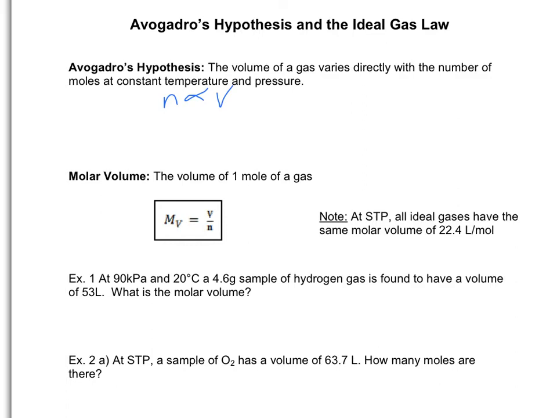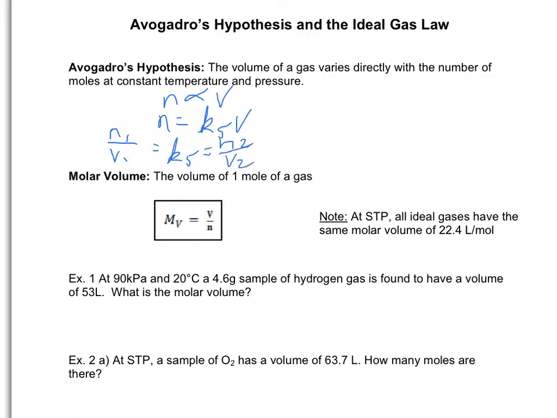For Avogadro's hypothesis, it's K5. If I do initial conditions and rearrange for K5, I'm going to get n1 over V1 equal to K5. And then if I change the amount of moles, I can get some final conditions, and that'll be n2 over V2.